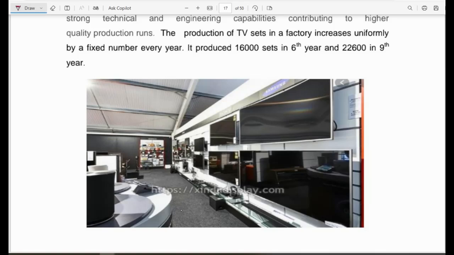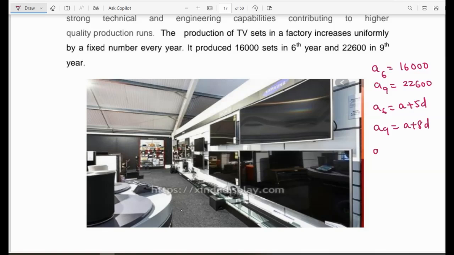Here it is A6, that is the sixth year, giving 16,000 sets, and in the ninth year it is giving 22,600 sets. So let me take A6 written as A plus 5D, and A9 written as A plus 8D, one less than the number we have in the question.